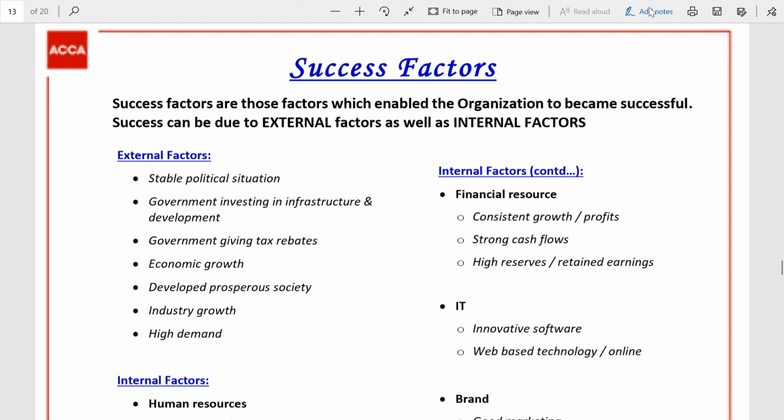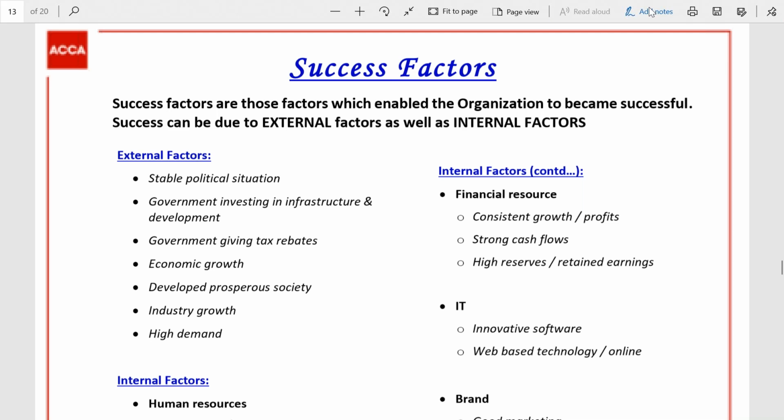It will help you in the exam. When you come across a difficult terminology, your skill to guess will really help you. So success factors actually means all those factors which enable the organization to become successful. As simple as that.